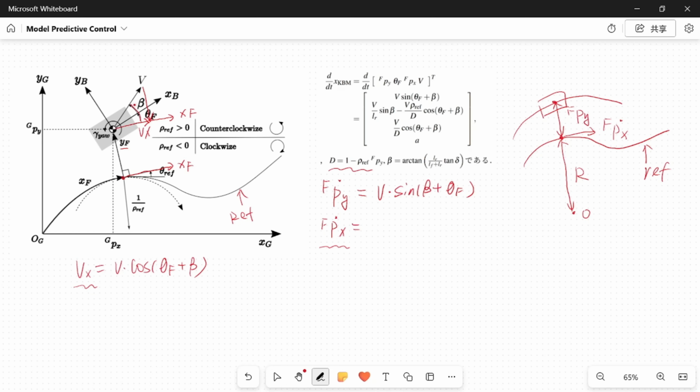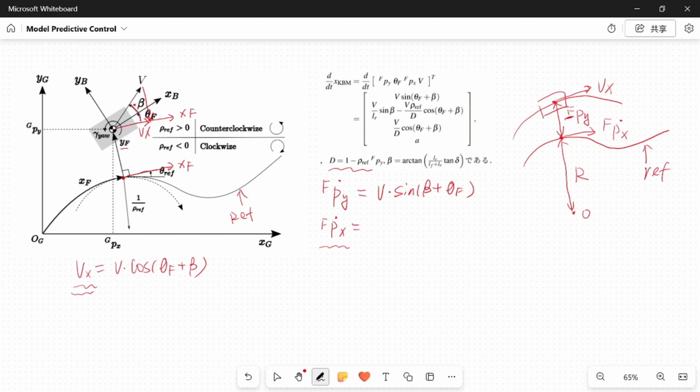Note here, usually, if the vehicle is out of the circle, the distance of CG and this point is negative. And the tangential speed of CG is Vx. This is Vx.